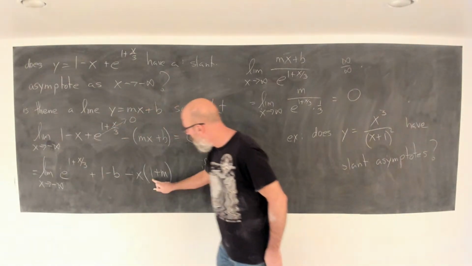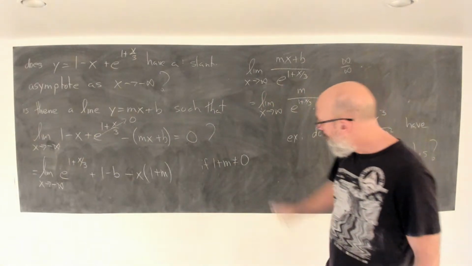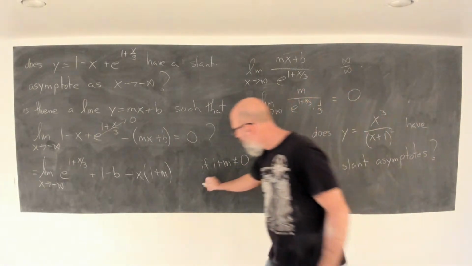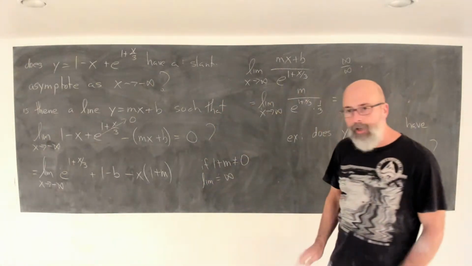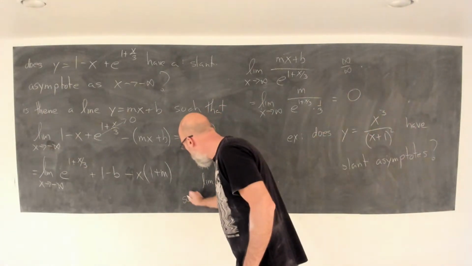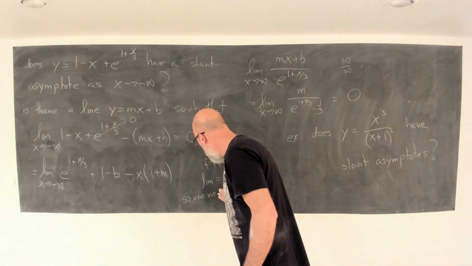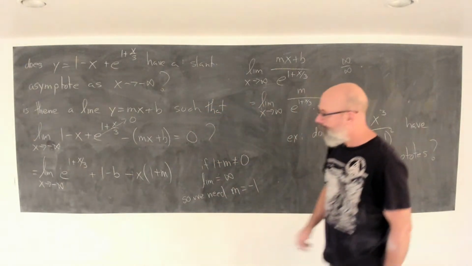It's going to be infinity times 1 plus m. So if 1 plus m is not 0, then the limit is going to be some sort of infinity, which you don't want. So you need m to be negative 1.